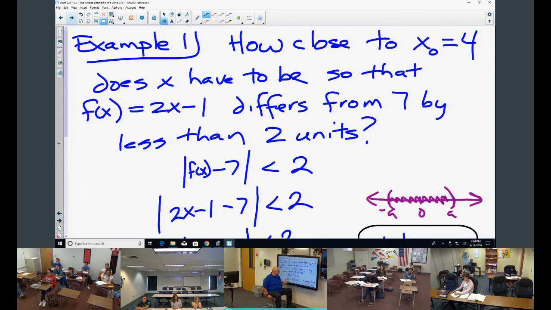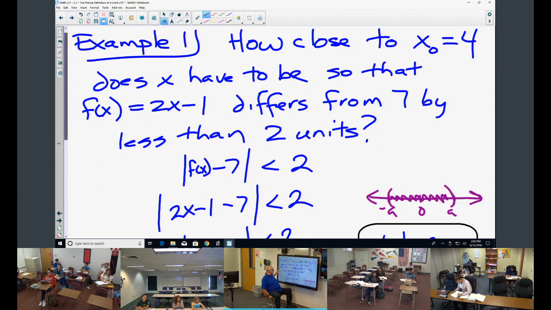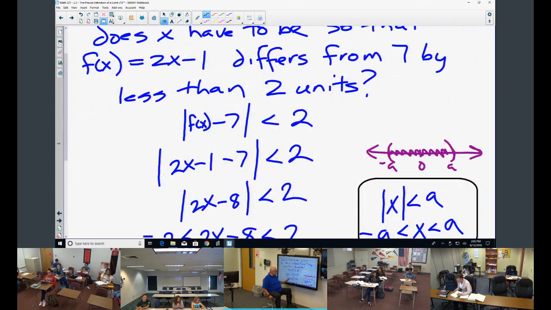The way we set this up is we say the absolute value of f of x minus 7 is less than 2. All right, so the function is 2x minus 1. Here I just replaced f of x with 2x minus 1. So then if I solve that, I get 2x minus 8.